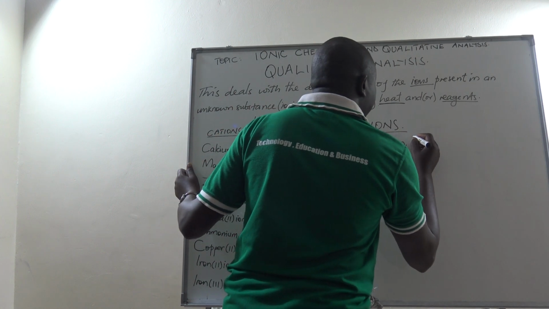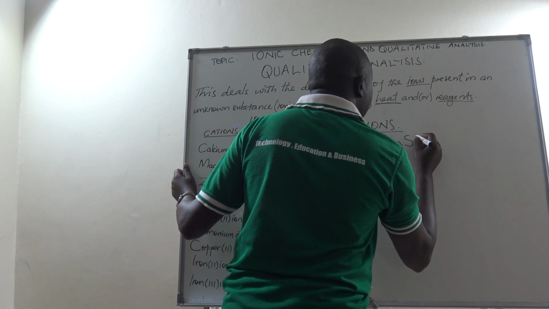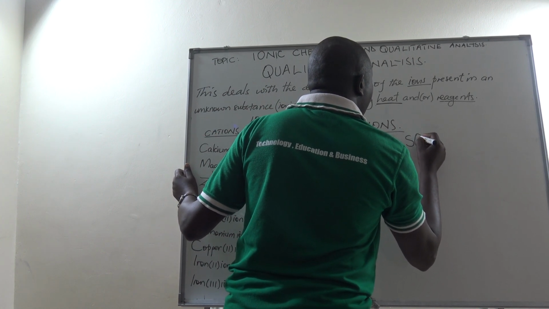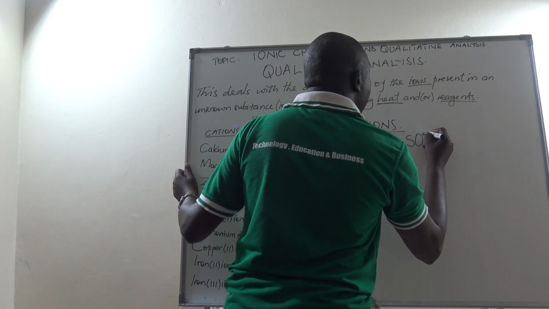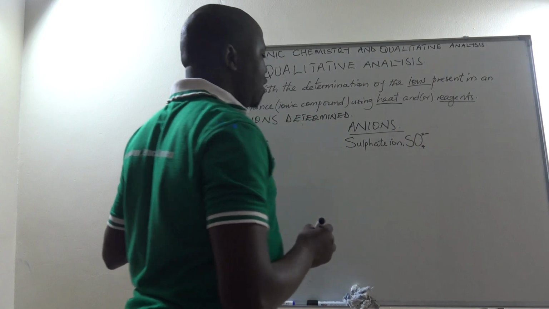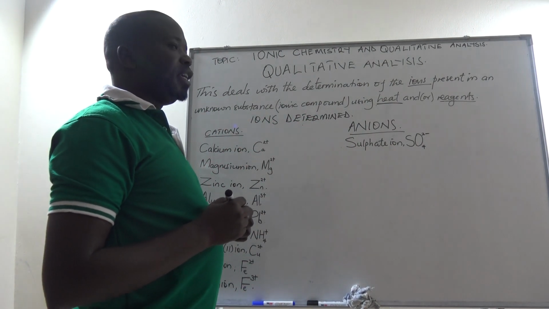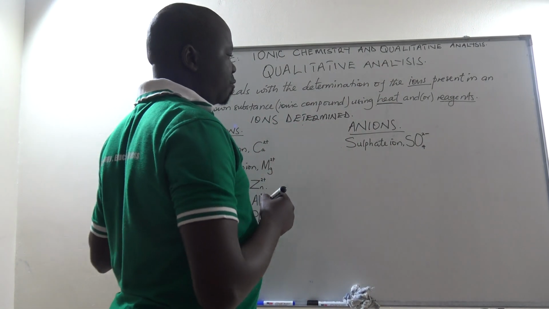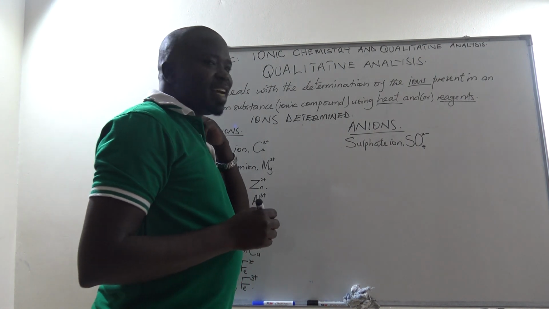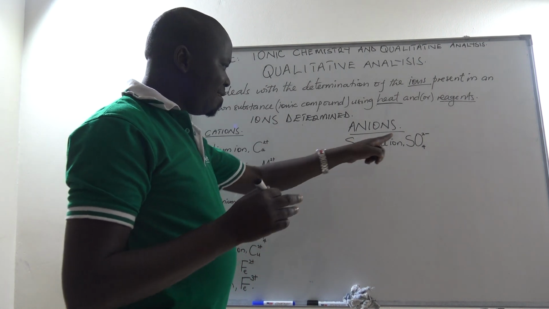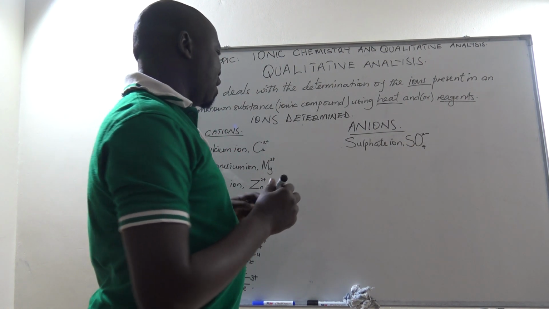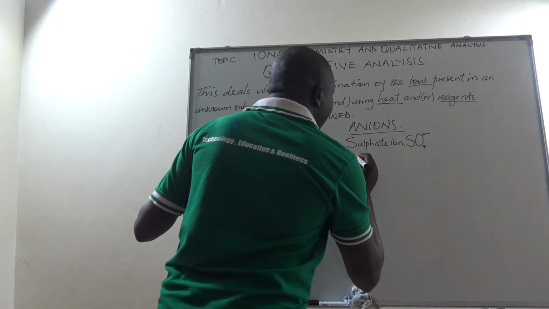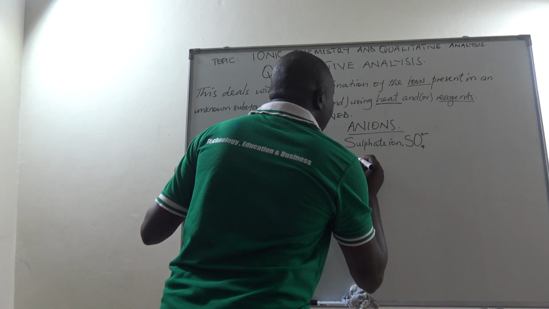With the formula of capital S, capital O with small 4 down here, and is having 2 negative charges. Look at the formula carefully, and it should be well written that way. If you cannot write it, just simply draw for me these letters here and make them be very correct. Sulfate ion.